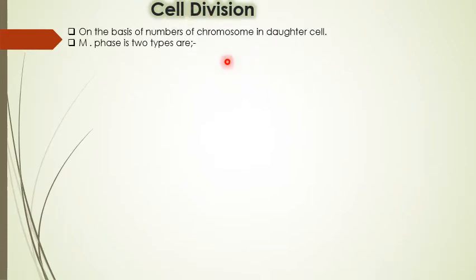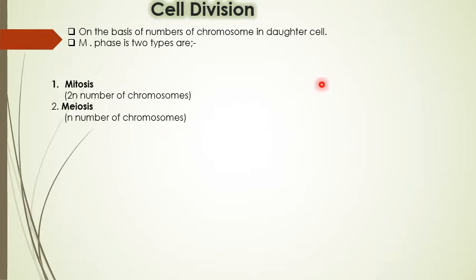A single cell divides and makes identical daughter cells. This is divided into two types: first mitosis, second meiosis. Mitosis shows 2n number of chromosomes, while meiosis shows n number of chromosomes, depending on the cell division method.